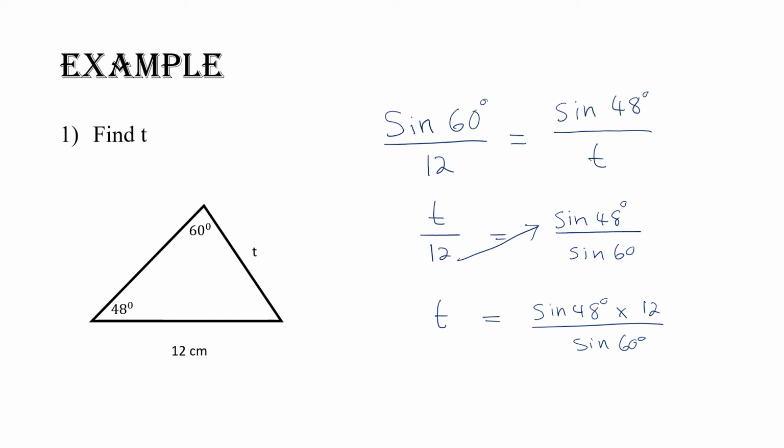So sine 48, according to my calculator, I'm getting 0.7431. You will have space in your notebook, so you could go around. And sine 60 is supposed to be 0.5, right? Let me make sure. Is it? No, not sine 60.